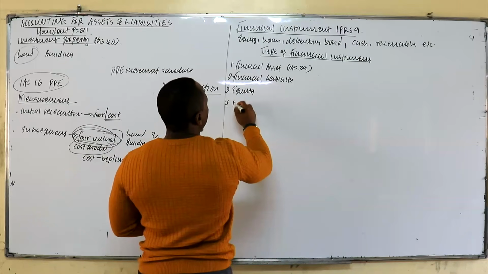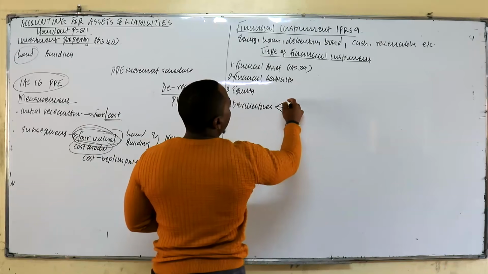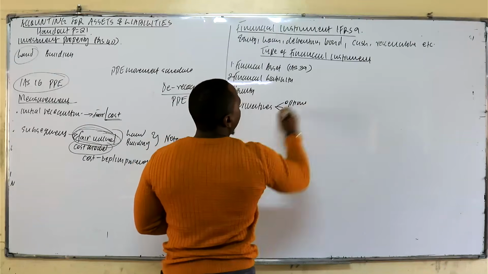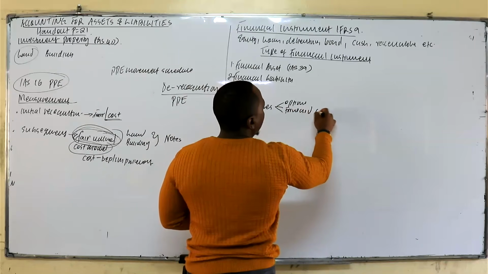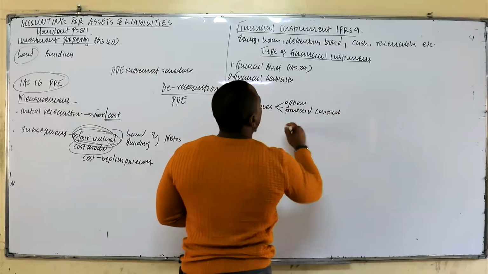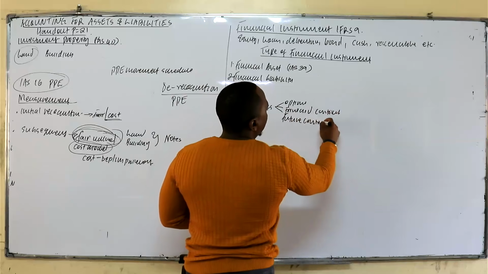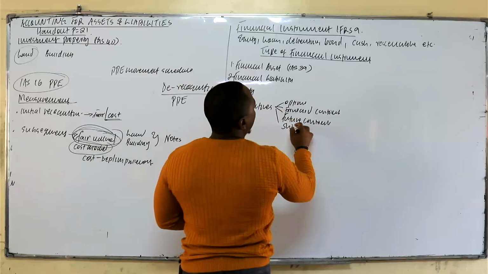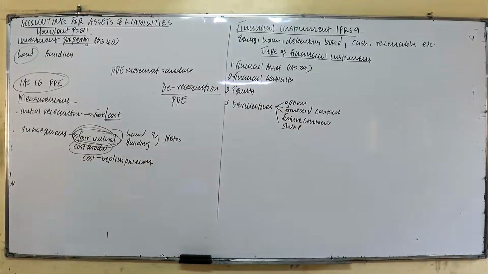And number 4, we have derivatives. Derivatives include options. We have forward contracts. Then we have futures contracts. We also have swaps. Most of these are used in international trading, international financial management.